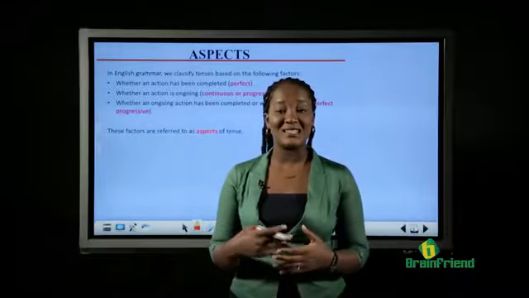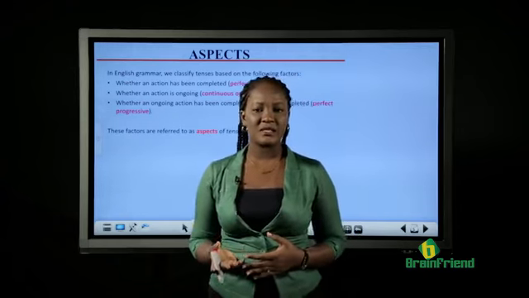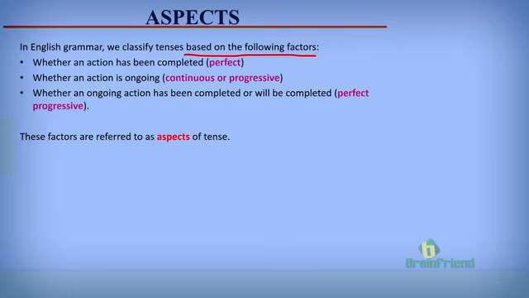Now let's look at what is known as aspects. What are aspects? Now in English grammar, we classify tenses based on a few factors. These factors include whether an action has been completed, and this aspect is known as the perfect aspect. We also classify tenses based on whether an action is ongoing or continuous, and this aspect is known as the continuous or progressive aspect.